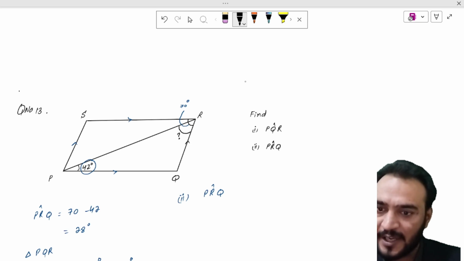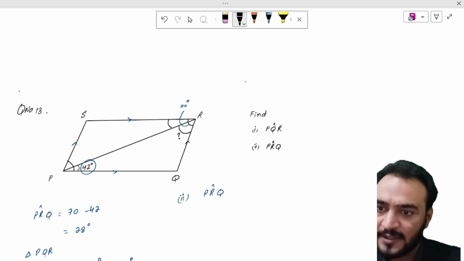So if this angle is 42 degrees, then we know that the opposite angles are equal in magnitude. So this complete angle is equal to 70 degrees. If this angle is 70 degrees, we subtract 42 from 70 to get the angles PRS and PRQ.